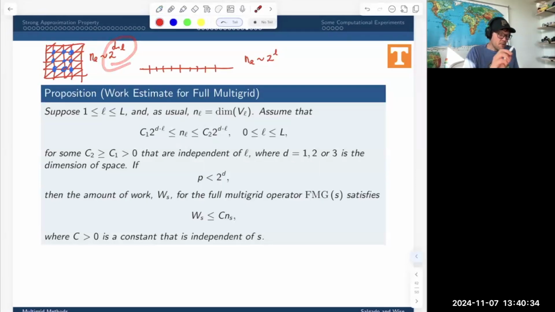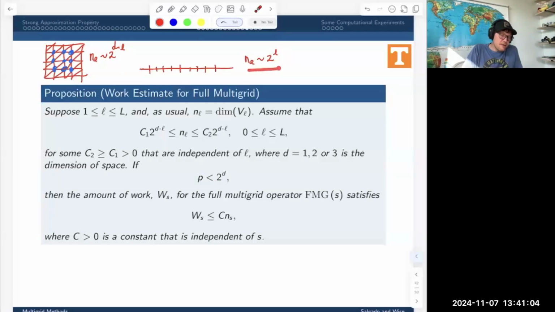The way we can state this more generally is to assume that the number of degrees of freedom is bounded below by a constant C1 times 2 to the D times L and bounded above by a constant C2 times 2 to the D times L, where C2 is bigger than C1. So this is saying asymptotically that everything goes like 2 to the D times L.